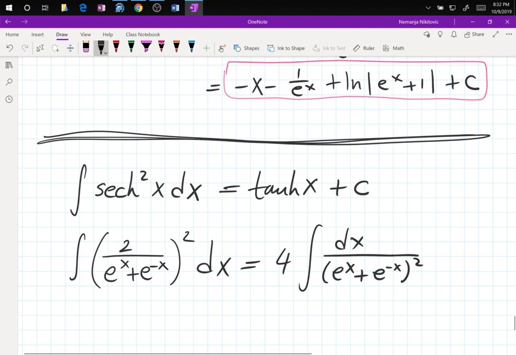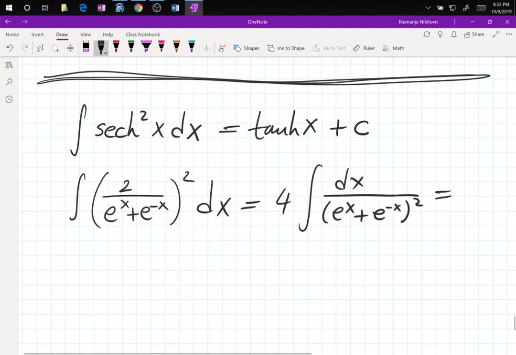So when you are looking at this problem, what is the only thing you can do here? Foil it, yes, and cry. So we're going to foil, get 4 integral dx over e to the 2x plus 2 plus e to the minus 2x.